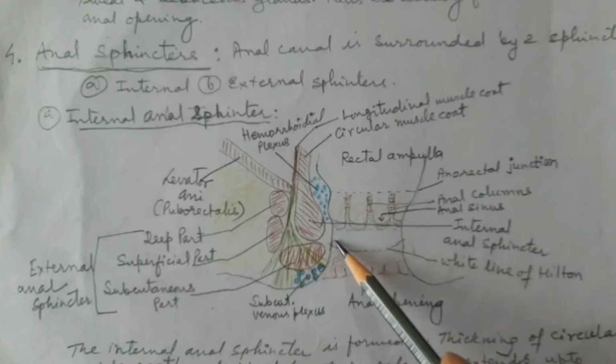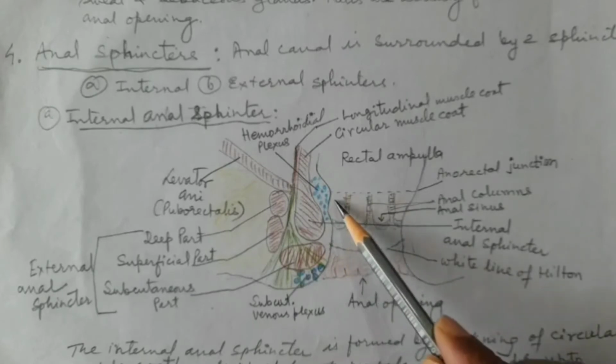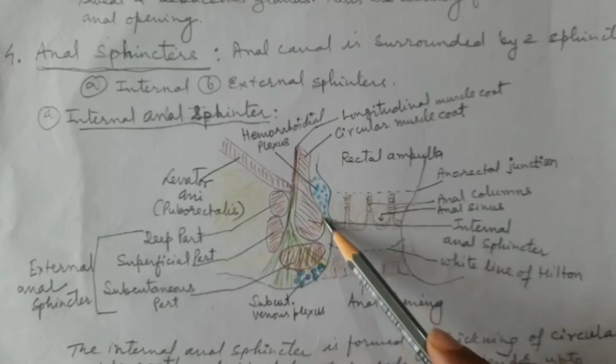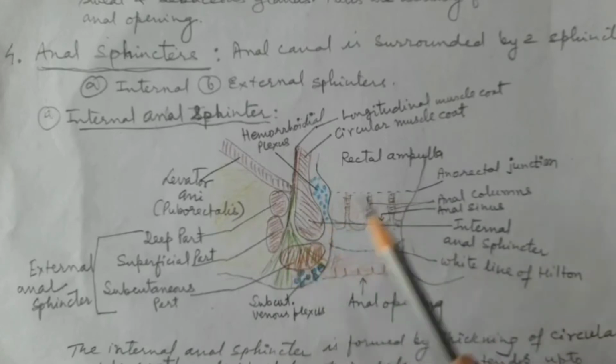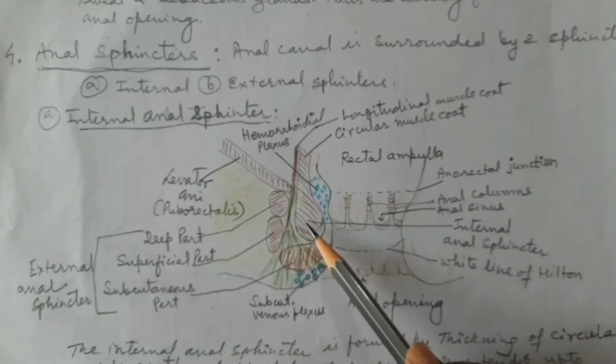That means in the first 30 millimeters or 3 centimeters, this is the internal anal sphincter, which becomes thickened and forms a circular band of the smooth muscle. See this?